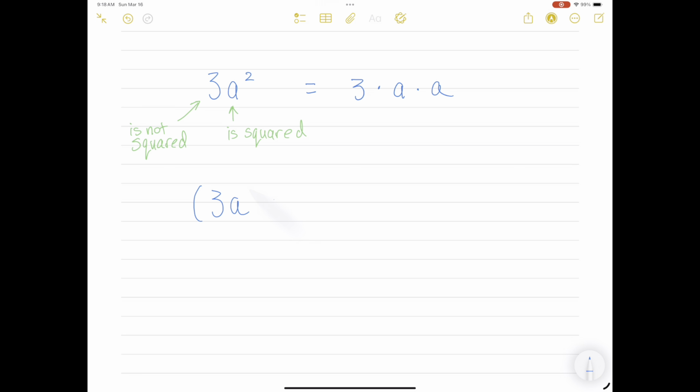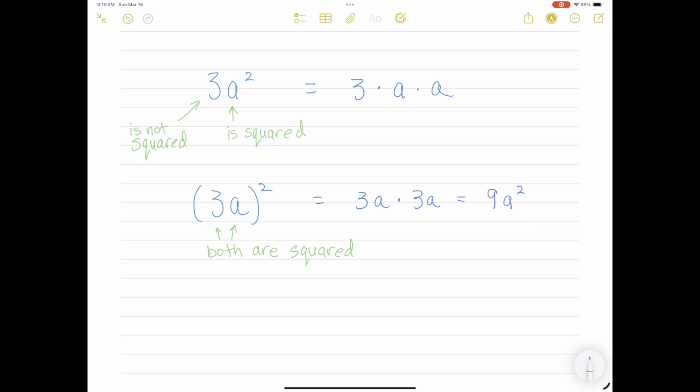The expression open parenthesis 3a close parenthesis squared means that 3 and a are both squared. So when you see a parenthesis, you apply the exponent to each character within the parenthesis. In this case, that would be 3a times 3a, which equals 9a squared.